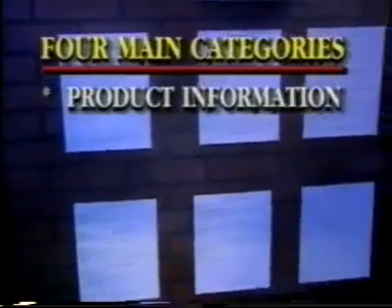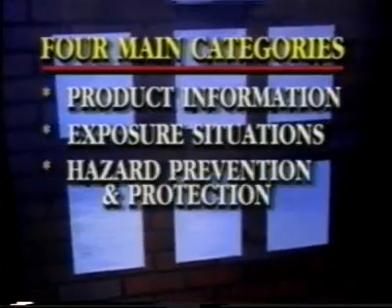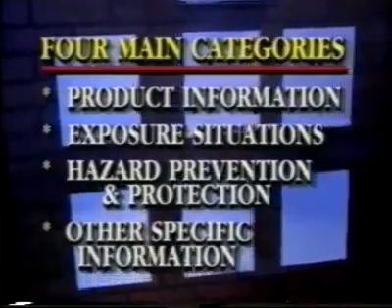You can easily remember the information in the MSDS by grouping it into 4 main categories: product information, exposure situations, hazard prevention and protection, and other specific information. Your organization's MSDS may not follow this same order, but the principles for using the MSDS are the same.